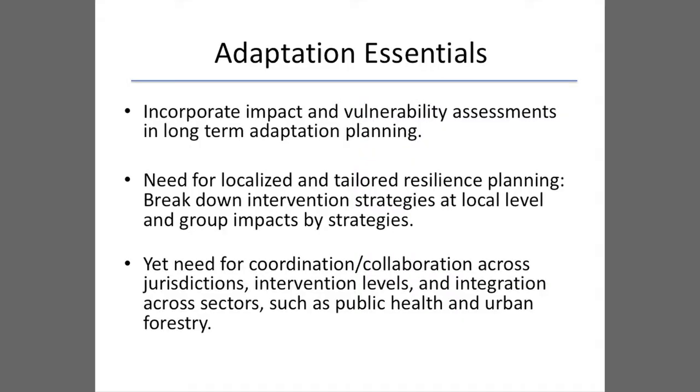And so that can be high level and complicated, involve a lot of different pieces, but to try to make it as localized and tailored to the community at hand, to break down the intervention strategies at a local level and also group the impacts that then inform the adaptation measures by strategy, as small as possible.